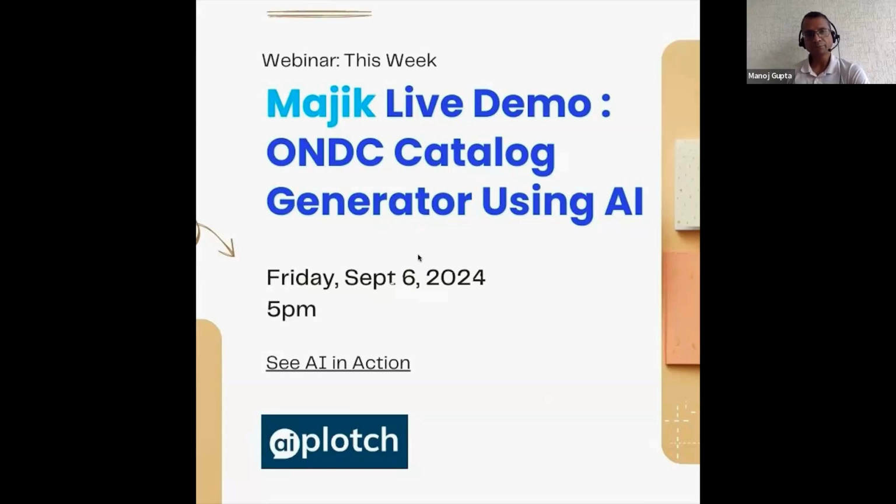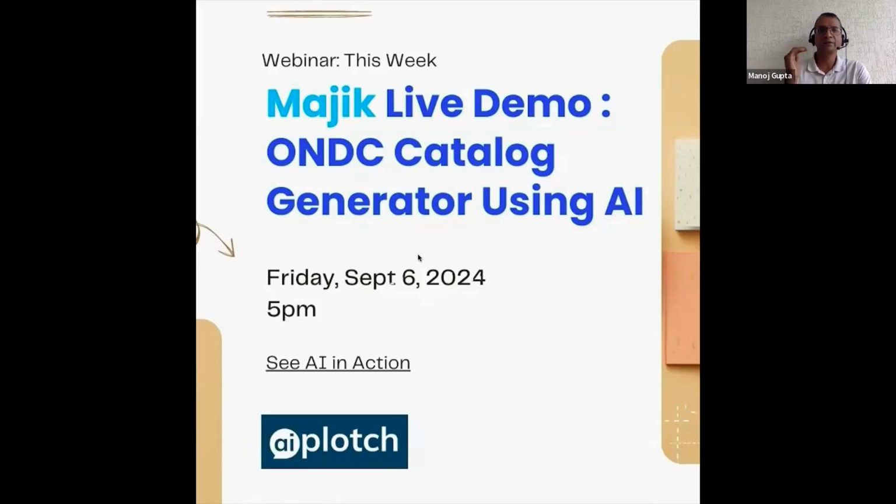We will first showcase the product, and then we'll highlight the key features and also analyze the quality of the catalog which is being generated. Now AI is not perfect, right? One thing I want to say is AI is not perfect.